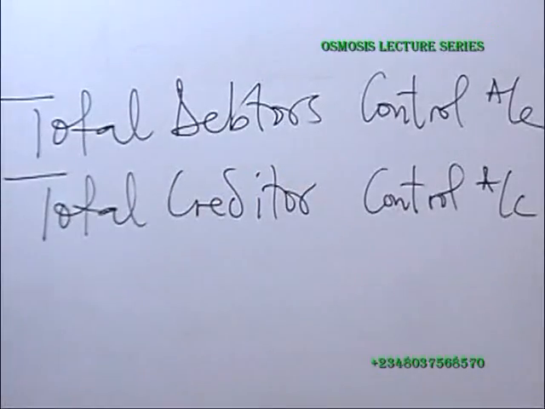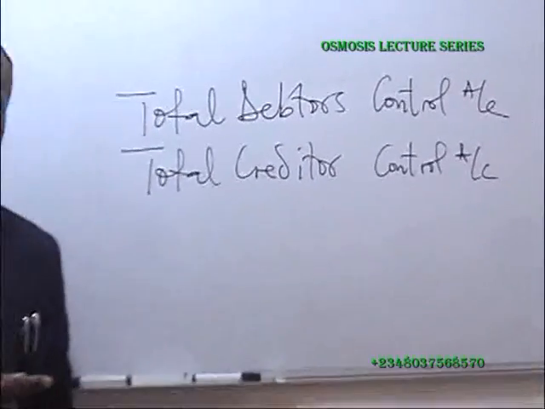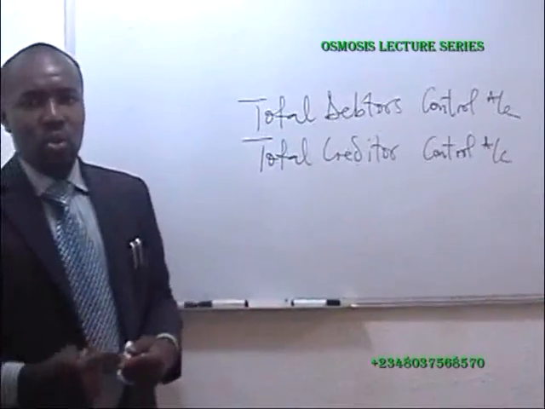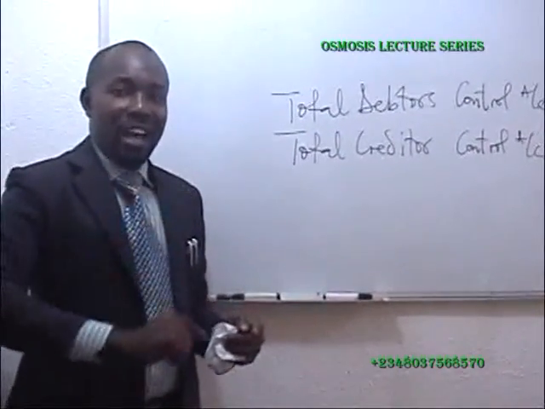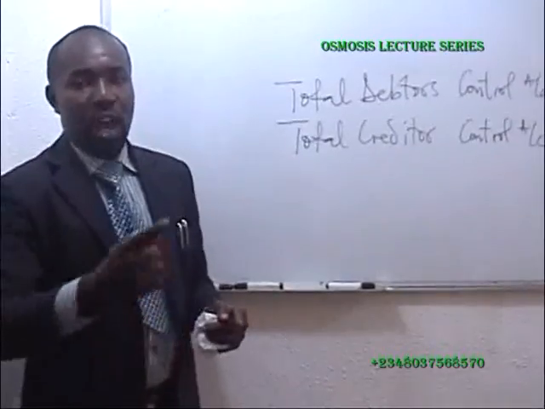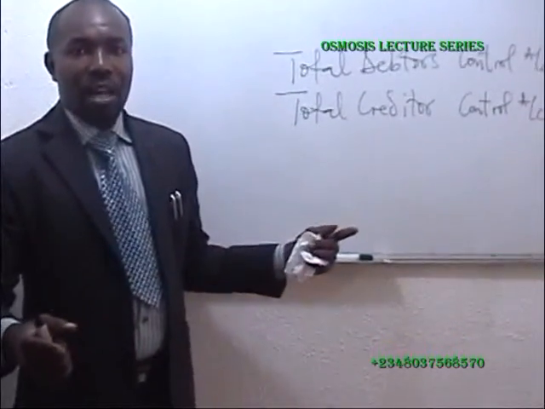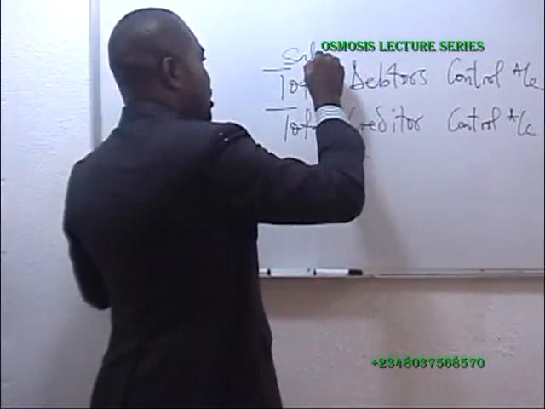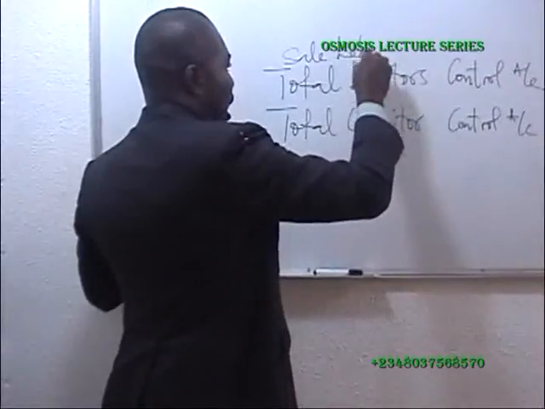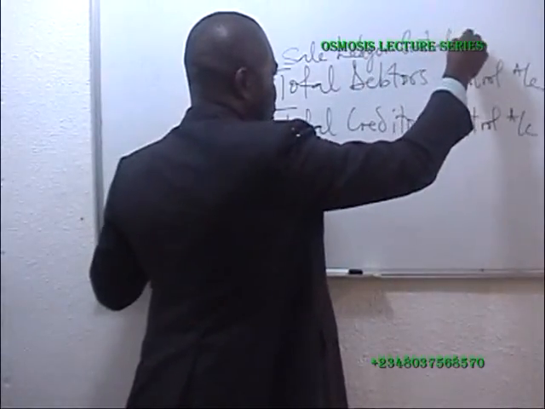And for you to have debtors, you must make sales. And for you to have creditors, you must make purchases. That is why you see sales ledger control account. So of the two accounts prepared in control account, for total debtors you say sales ledger control account.